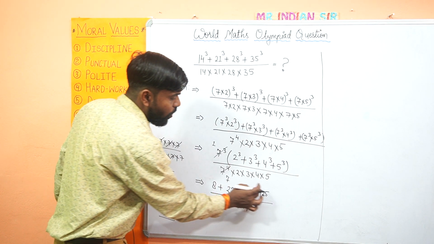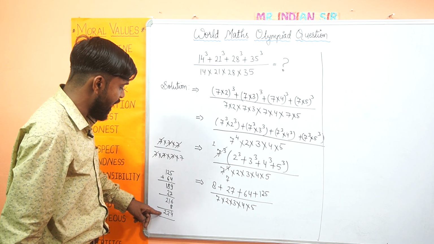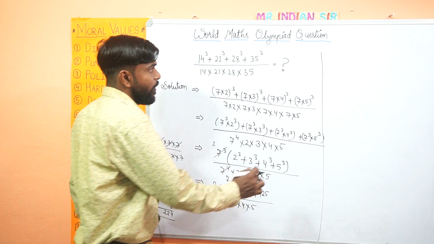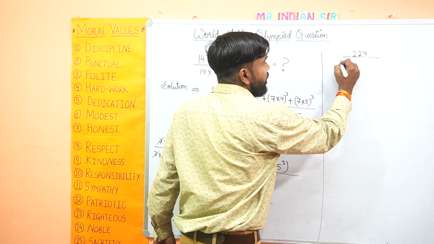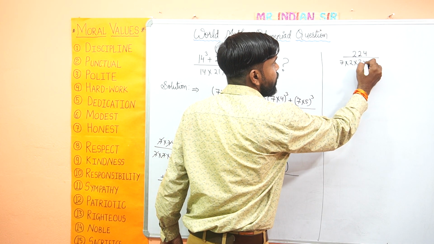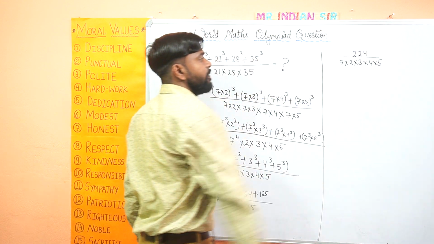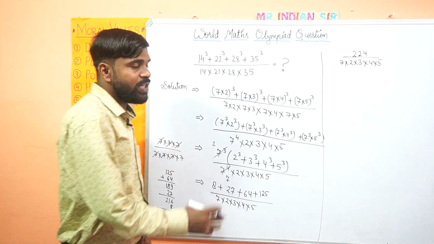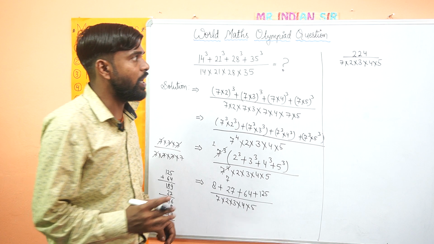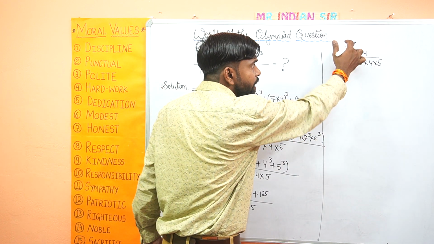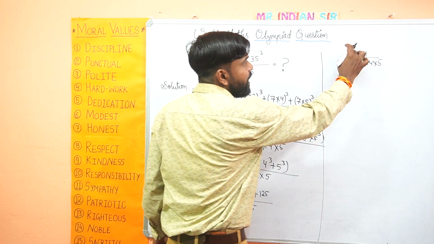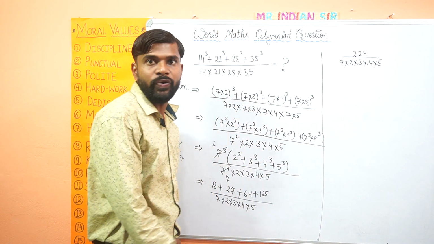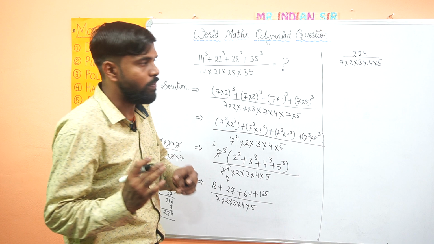So if we add all of the numerators, we have 224 upon 7 into 2 into 3 into 4 into 5. So guys, if we know the basic algebra and how to cut in numerator and denominator, you can simplify from there also, or you can simply take the factors of 224, whatever you feel comfortable about.